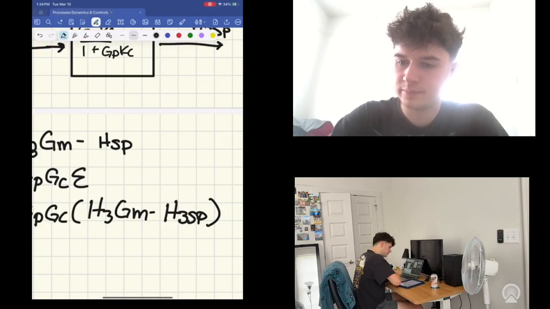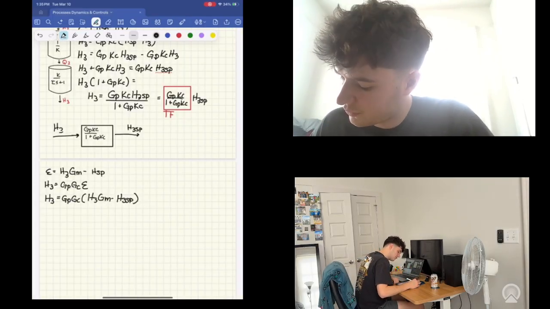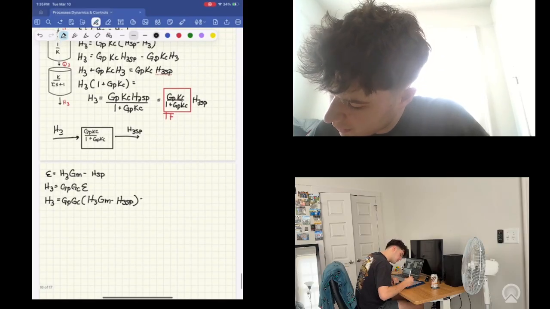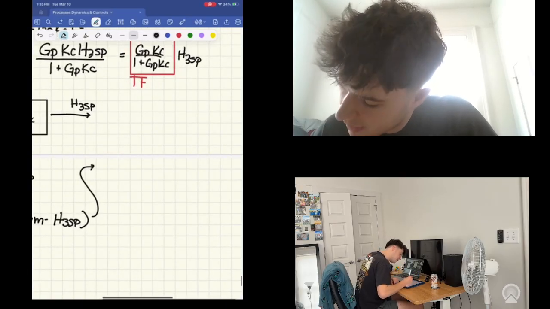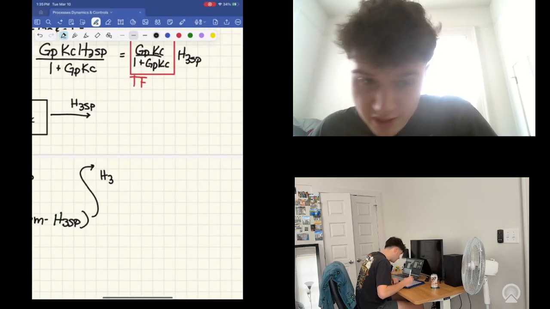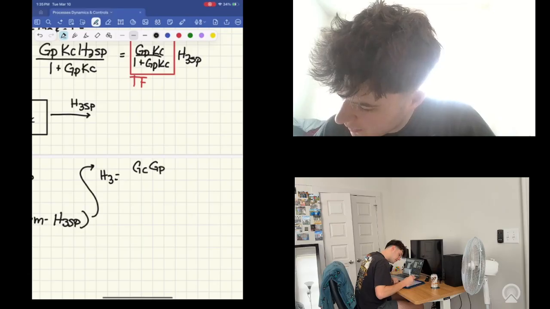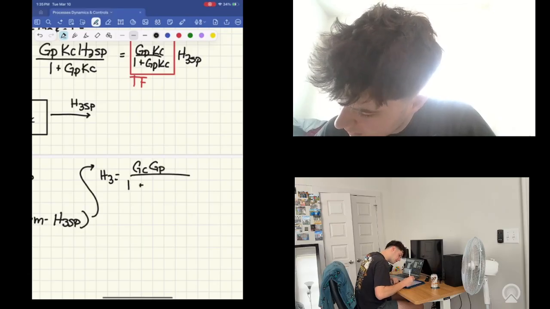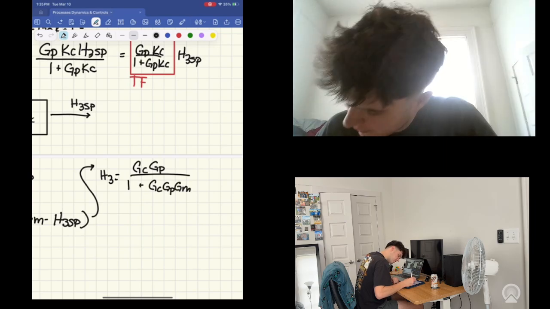And so now what we are trying to get is our closed loop transfer function. From here, we will do similar algebra as we did above, so I'll skip that step, and you arrive at H3 is equal to GCGP over 1 plus GC GP GM.